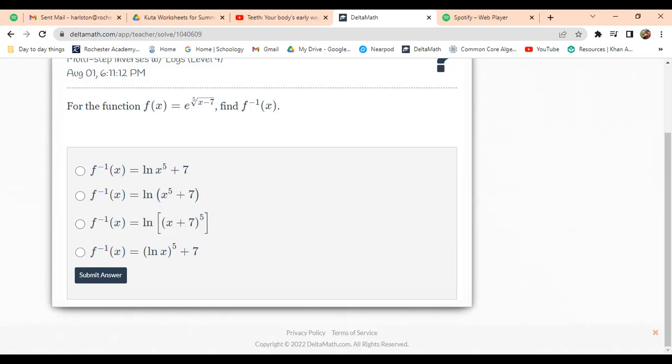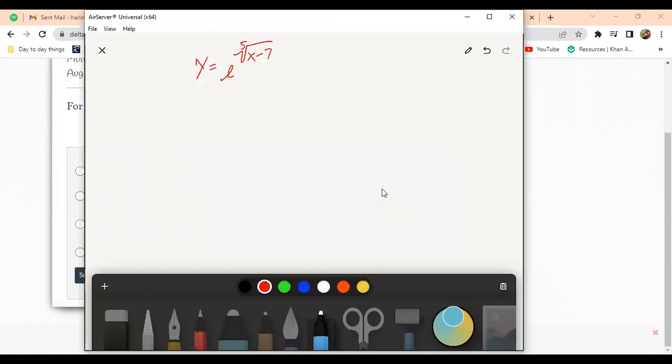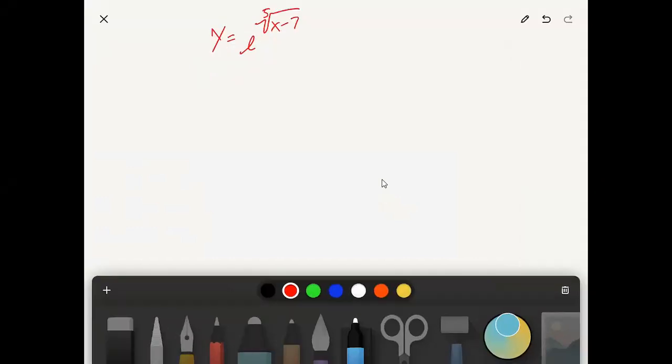All right, so now I am going to show you what I'm doing on my iPad. Of course, take the time, stop the video, try it yourself, come back, check yours against mine. So I've got x equals e to the 5th root of y minus 7.